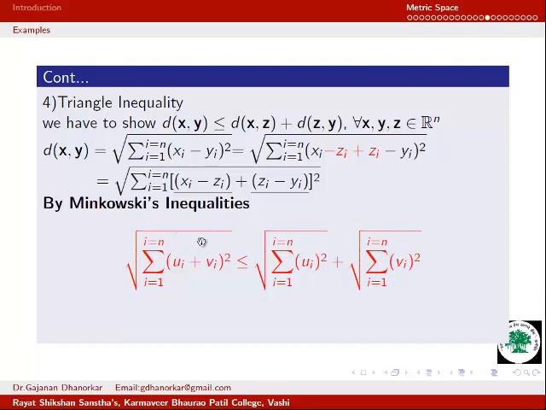This is Minkowski's inequality. Now using this inequality, I will suppose that this total term is ui and this total term is vi. Then surely this is just like here, the square root of summation over (ui plus vi) square.